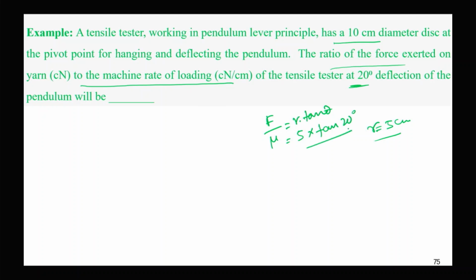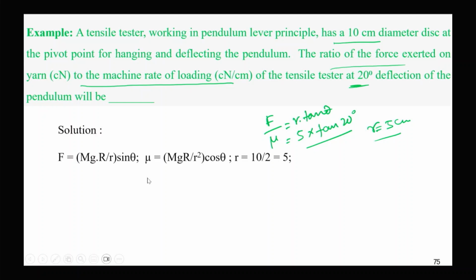So we can use the same relationship. 5 multiplied by tan 20 will be 1.82.